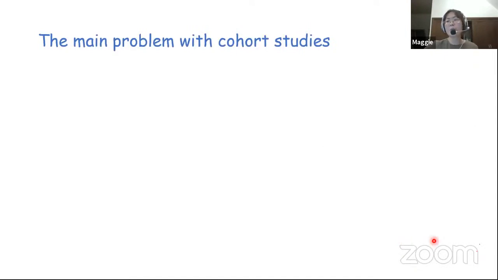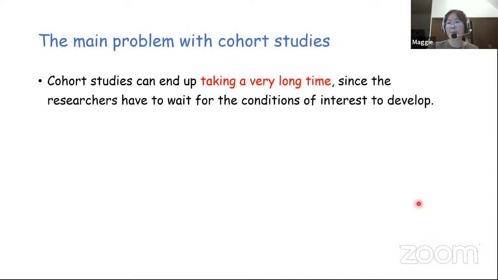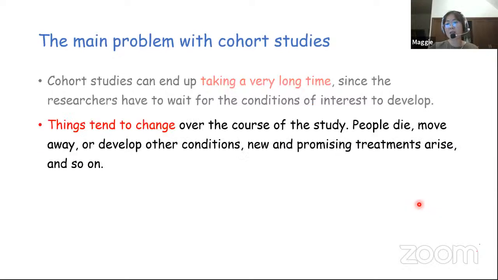So the main problem with the cohort studies is that they can end up taking a very long time. For example, for smoking, maybe follow for 10 years, maybe 20 years to get the development of cancer. So it may take a very, very long time to finish this experiment. And also, during this long time, things tend to change over the course of the study.